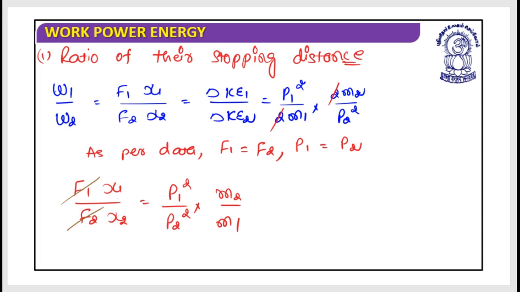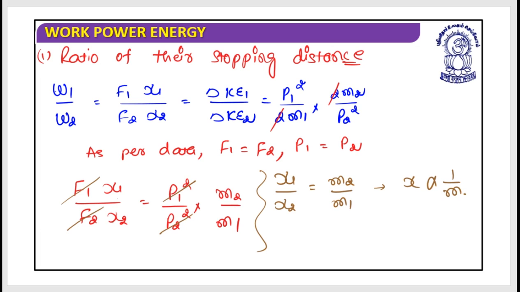This is the stopping distance. As momentum are equal, even this would cancel. So we can have x1 is to x2 that should be m2 is to m1. That means stopping distance is inversely proportional to the mass. So stopping distance of truck would be less.